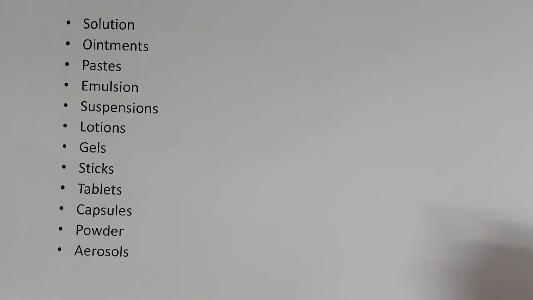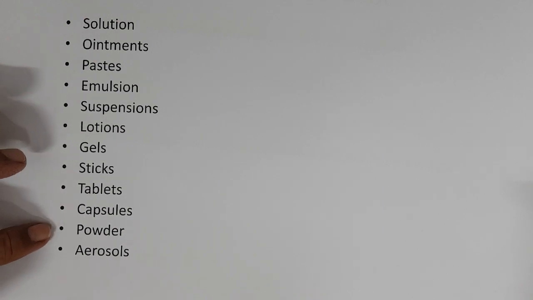Emulsion is a flowy form. Lotions can be an emulsion or a suspension. Suspension example, calamine lotion. Emulsion example, most of the body lotions are emulsions. Right? Then we saw gels, sticks, tablets, capsules, powders and aerosols.